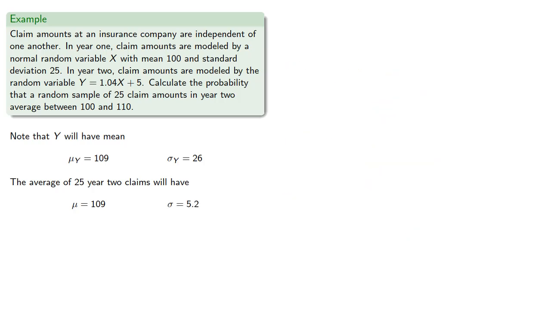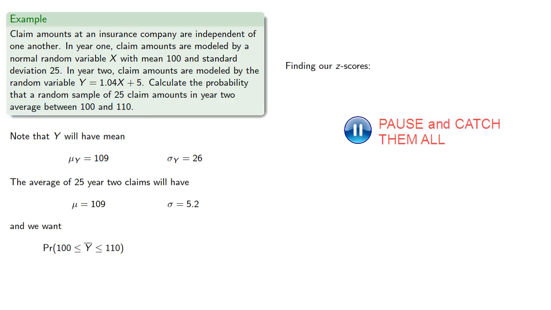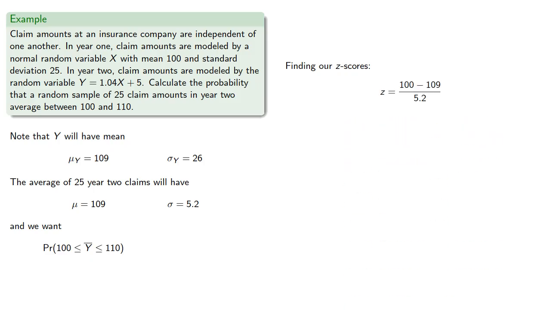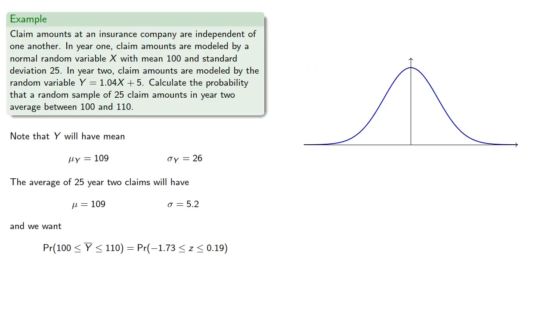Now, because we want the mean to show up on an interval, we'll find the z-scores for the endpoints of the interval. And so this is the region between negative 1.73 and 0.19.